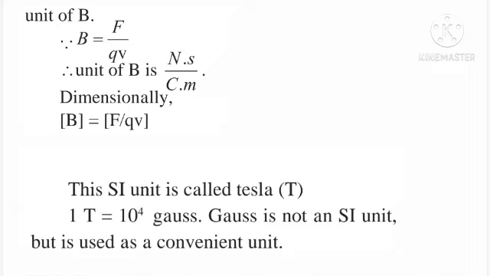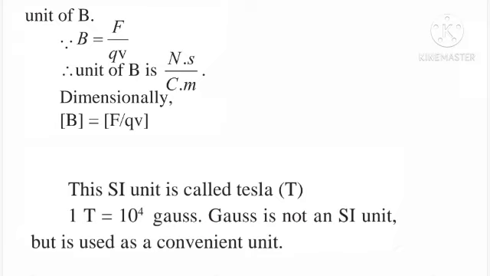Here we take units of force as Newton, Coulomb for charge and meter per second for velocity. Dimensionally, we can write the dimensions of magnetic field as the dimensions of the ratio of that of force and the product of charge and velocity. This magnetic field B has SI unit called Tesla.